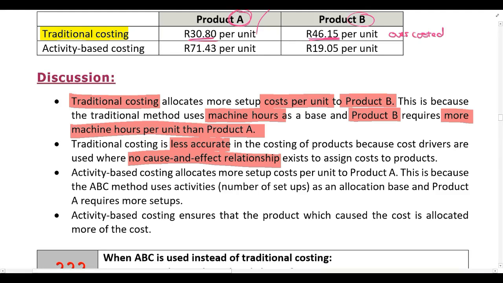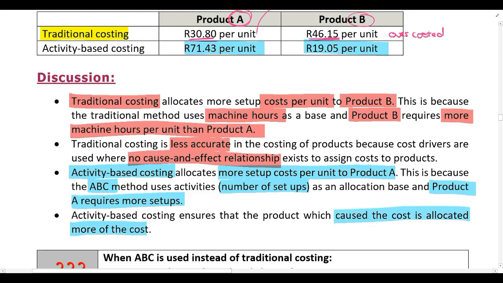However, when we now look at activity-based costing, more of the setup costs are now being allocated to product A. So we can see product A is now carrying more of the cost. And this is because product A had more setups. And when we are using activity-based costing, we allocate more of the cost to the product that caused the cost to occur.